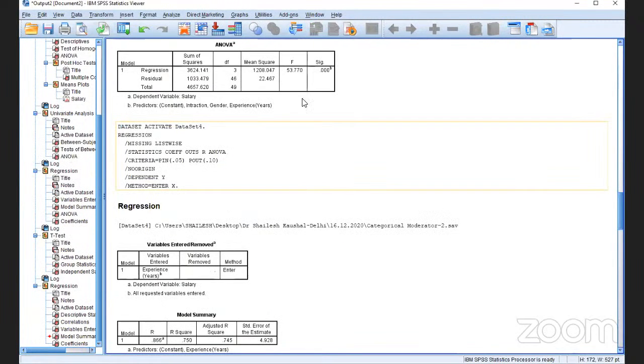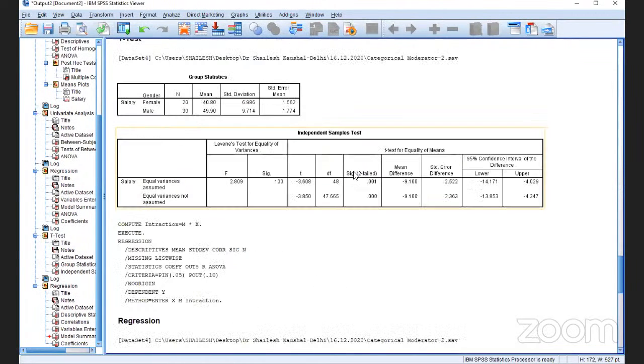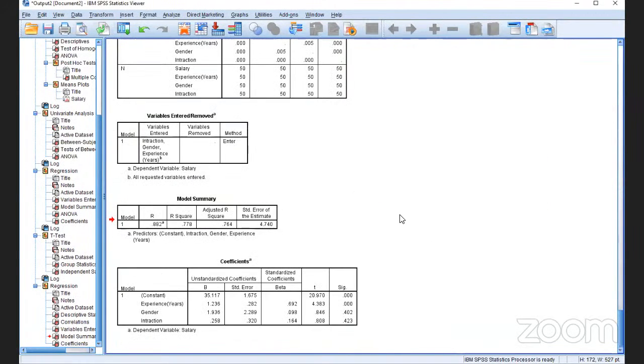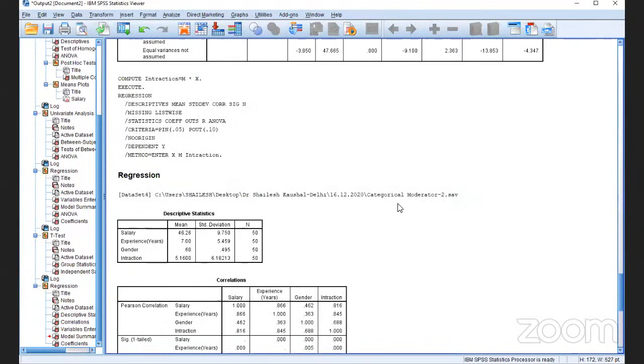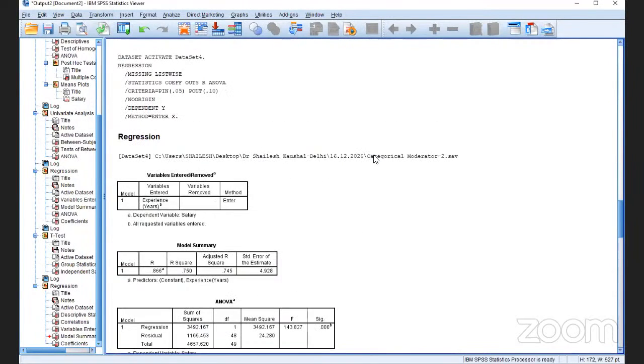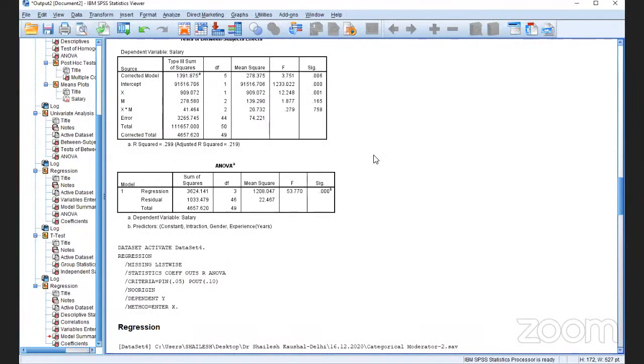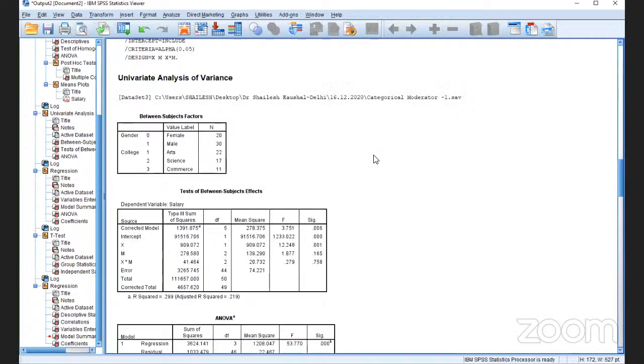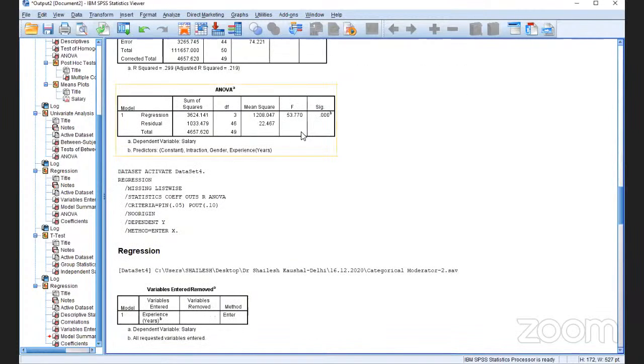And the model is significant because the p value is less than 0.05. This is my model.